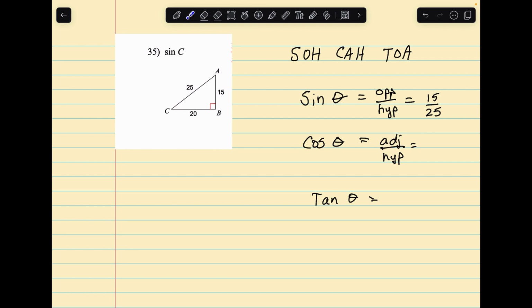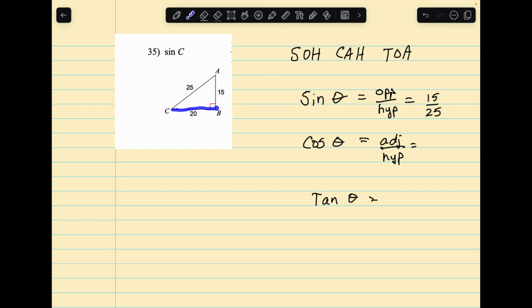Well, the adjacent line, remember, it's always this line here. It's never the hypotenuse, because the hypotenuse is opposite the right angle. We don't use it as the adjacent line. True, it is adjacent to C, but we do not use it because it's a hypotenuse. Now we come up here.